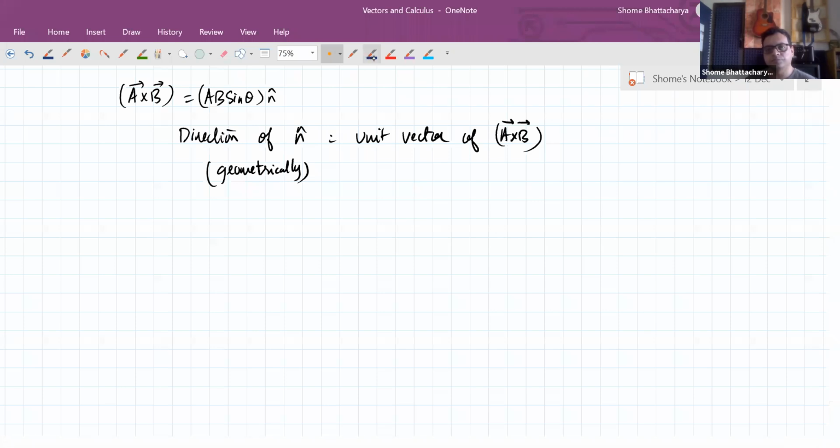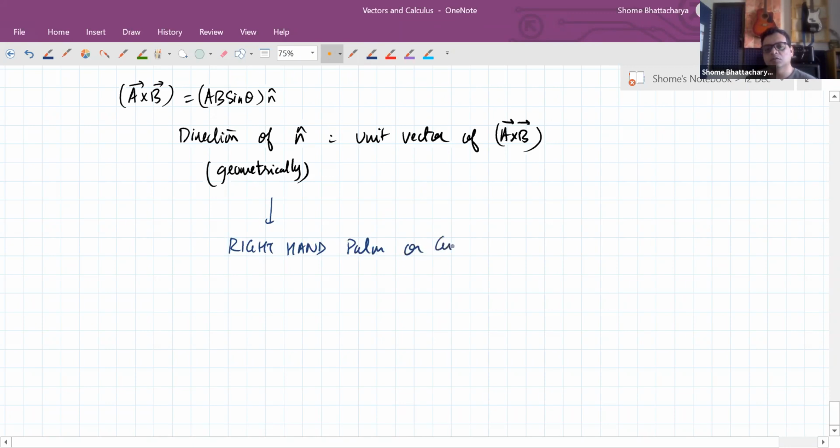So this is determined by what is called the right hand palm or curl rule. So there are a number of ways to understand this. Let me start by explaining the most simple method, in my mind the simplest method.